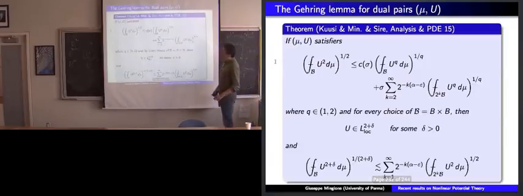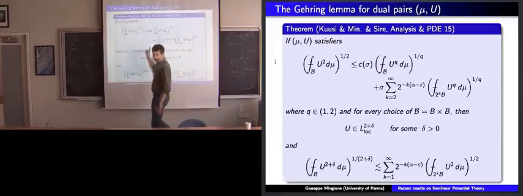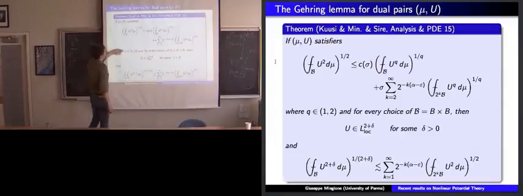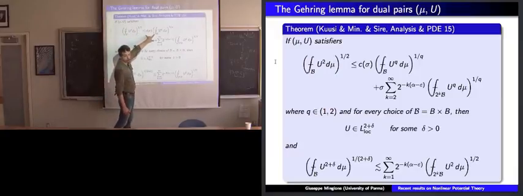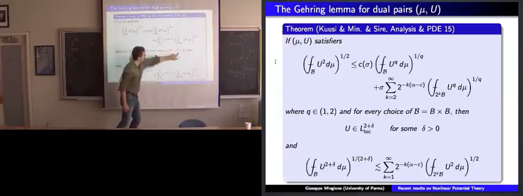And in fact, what we are able to prove is the following version. The Caccioppoli inequality I showed you before translates into the following reverse type inequality. Capital U is the one I told you, and then it satisfies the following reverse inequality. What are these guys? These are products of balls.